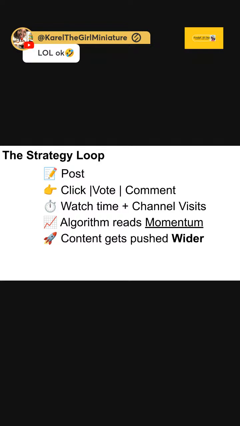The algorithm calls longer viewing sessions or watch sessions and repeat viewers. It means that your channel is gaining momentum, momentum in the algorithm, momentum in the supercomputers. And all of that equates to your content being pushed out to wider and wider audiences.